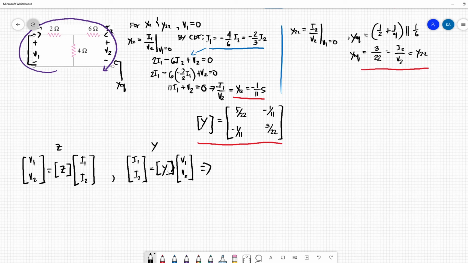Now, looking at these equations, we can clearly see that our Y parameters are just the inverse of the Z parameters. For our Z parameters, just the inverse of the Y parameters.